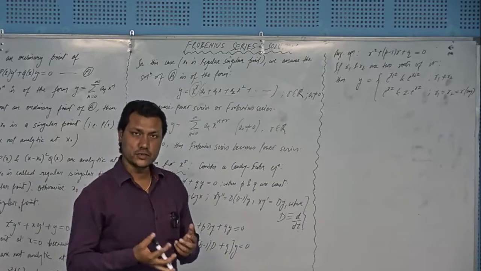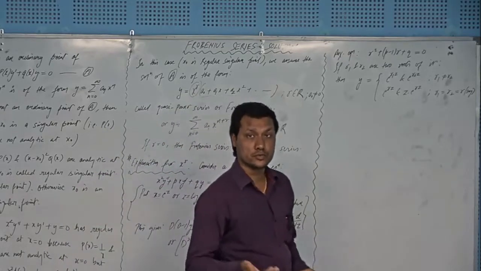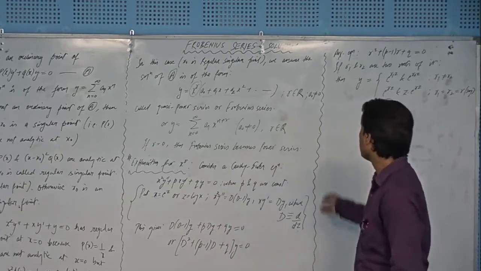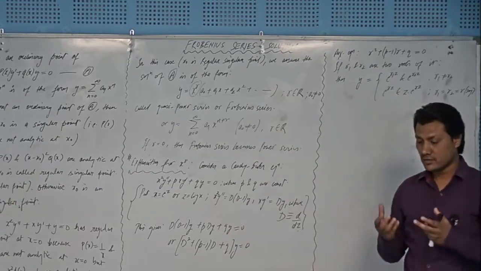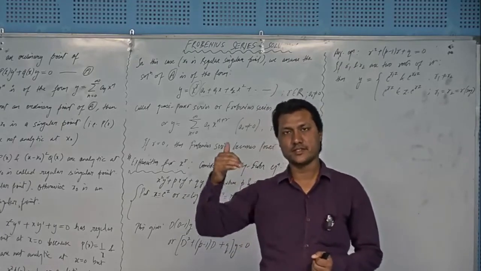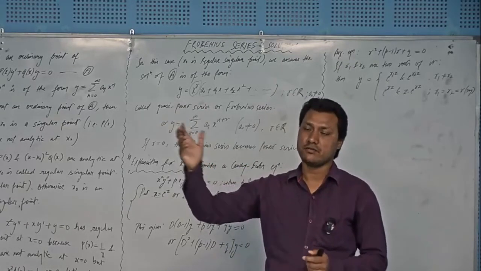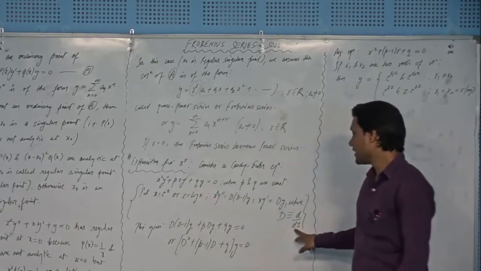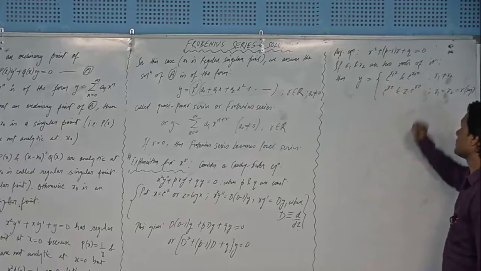When you have distinct roots m1 and m2, generally you write m for an auxiliary equation; I have used the variable r. You write the solution as c1 times e to the power m1x plus c2 times e to the power m2x, where x was the independent variable, but in our case z is the independent variable. That's why I wrote this.